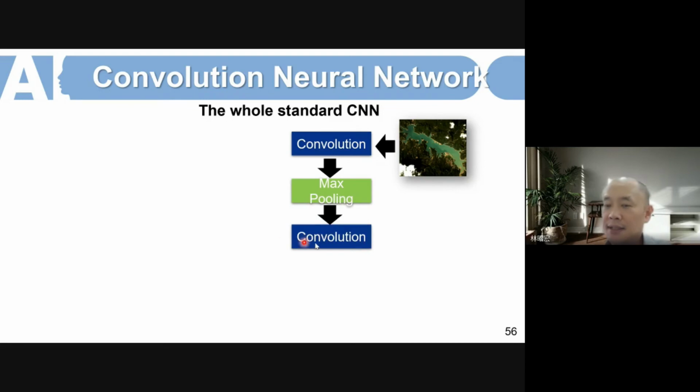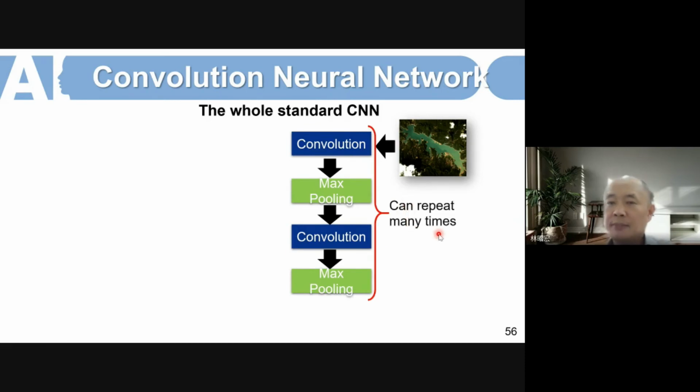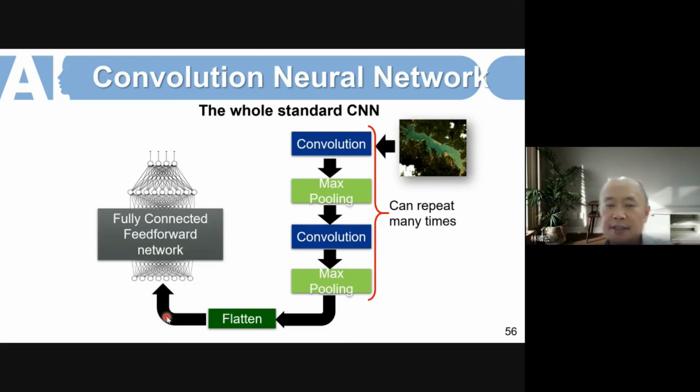Then another convolution layer, another pooling layer. They can be repeated many times to make the model deep. Then it is flattened to a one-dimensional vector, fed into the fully connected neural network, and we get the output result.